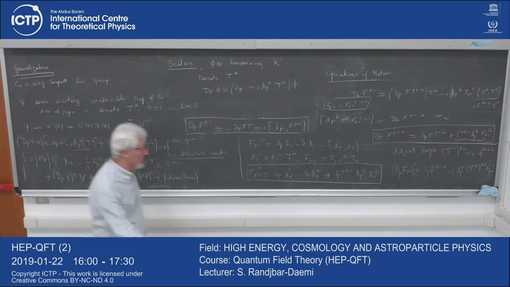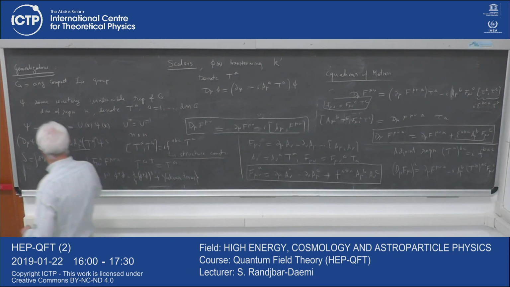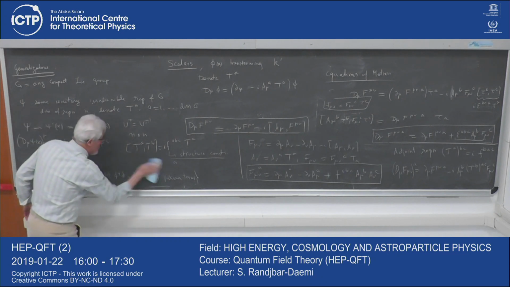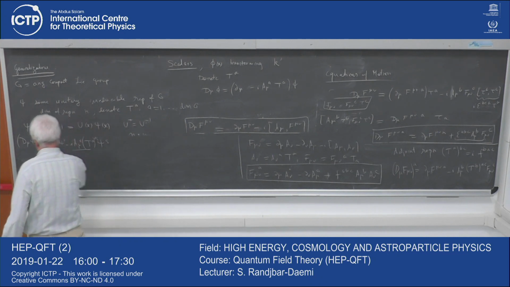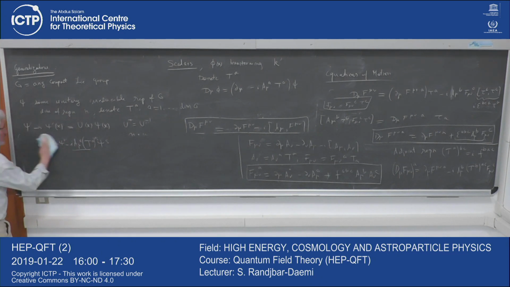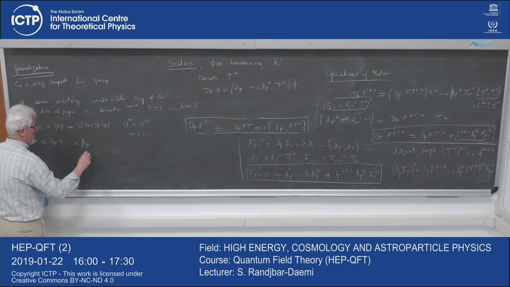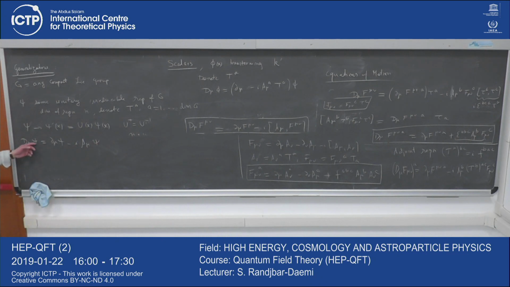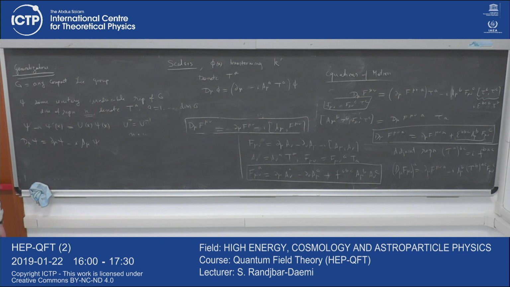So let me explain this. I see that you are puzzled. This is a matrix equation. When we write D_mu psi equals d_mu psi minus I A_mu times psi, you remember that psi is an object with n components. It's a column matrix with n components.